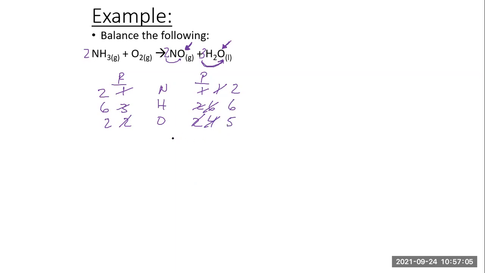We've now balanced our nitrogen. We have now balanced our hydrogen. We need to fix our oxygen. Now, at this point, I'm just going to rewrite this for a little clarity here.